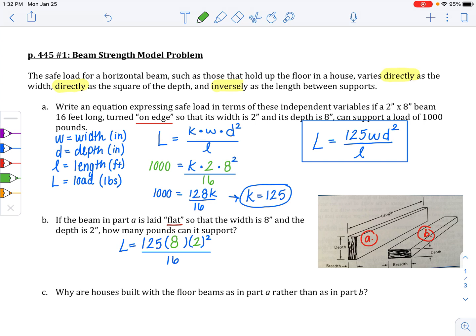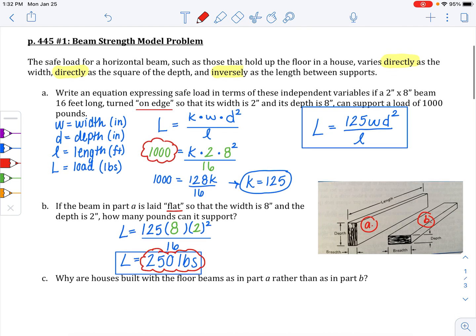So the 2 is being squared this time versus the 8 from part A. Typing this in your calculator, you get the load can support 250 pounds. So just from changing it from laying on edge to flat, it goes from supporting 1,000 pounds to only supporting 250.